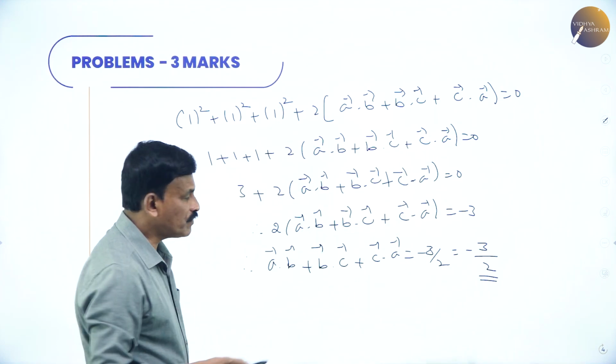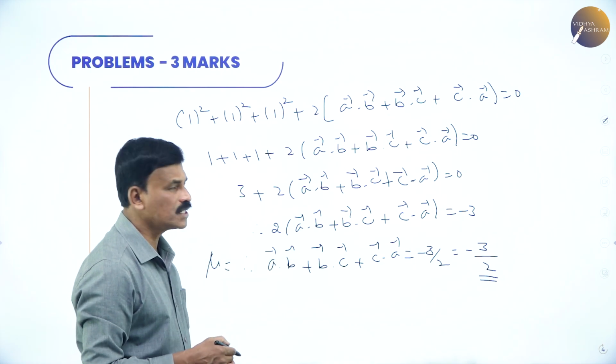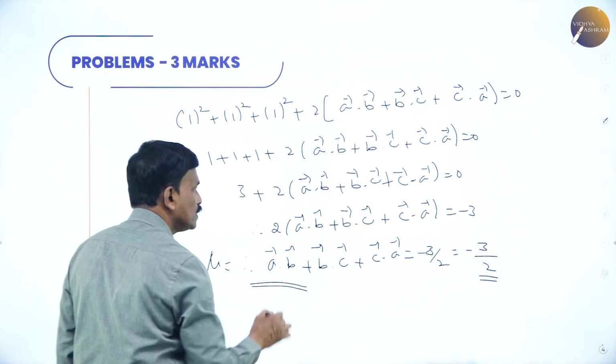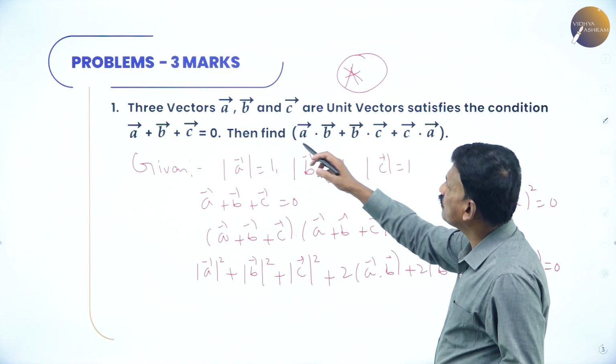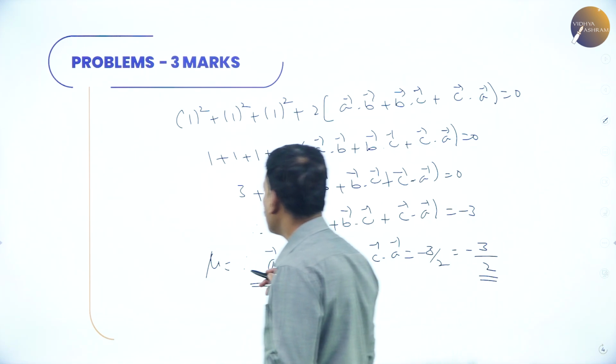Sometimes they may also ask to find mu, where mu is nothing but A dot B plus B dot C plus C dot A in the given problem. So this is how we are going to solve. Similarly, the same problem may be asked with 3 vectors A, B, C where, instead of unit vectors, they give the values.